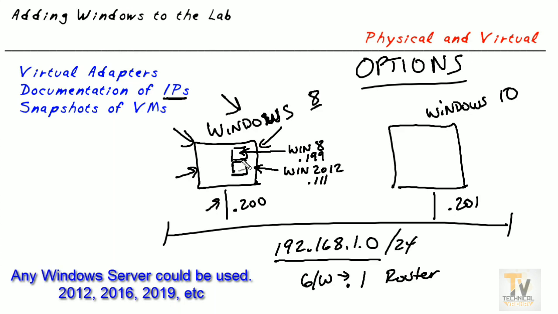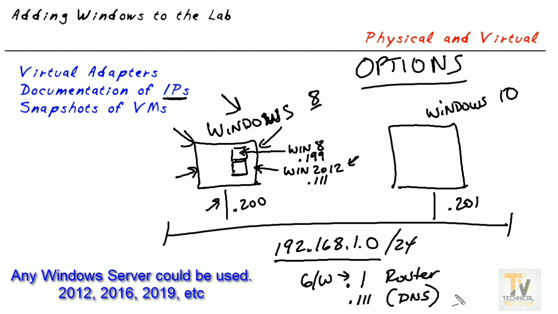And that Windows 2012 server has lots of services running, including DNS, web services, directory services, and others. So what we could do if we wanted to, we could have all these Windows machines as part of our lab environment, physical and virtual. We could have them point to .111 for DNS services. And then if DNS is configured and working on that 2012 server and the server's running and available, it can perform DNS services.